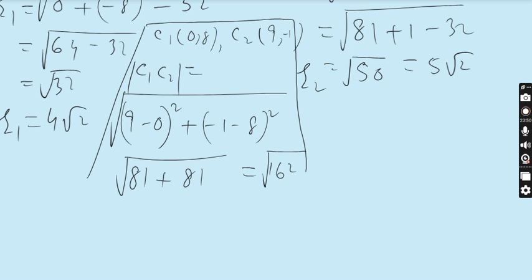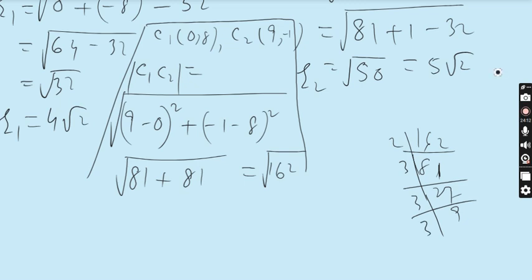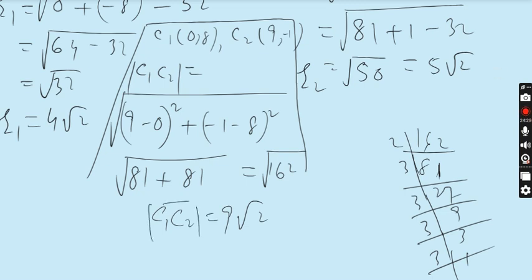Now find the square root of 162 by taking LCM. So it is 9 root 2. C1C2 distance is 9 root 2.